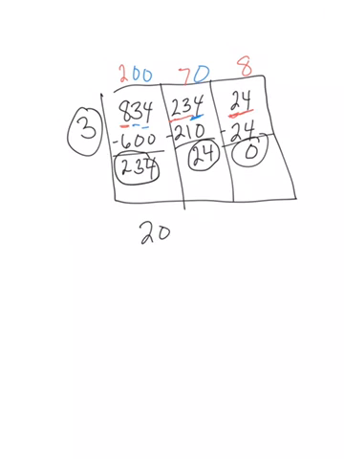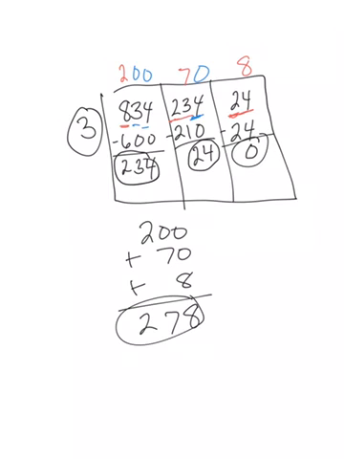We have 200 plus 70 plus 8. 2, 7, 8. To go back and see what this means, it's saying 834 divided by 3 is 278.